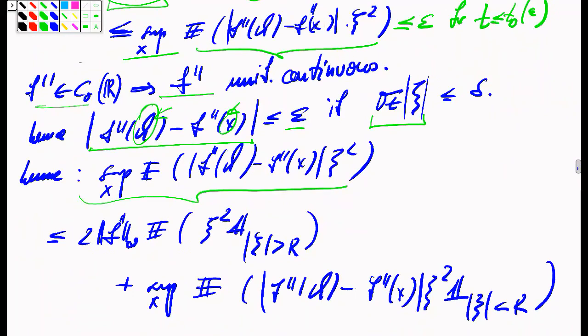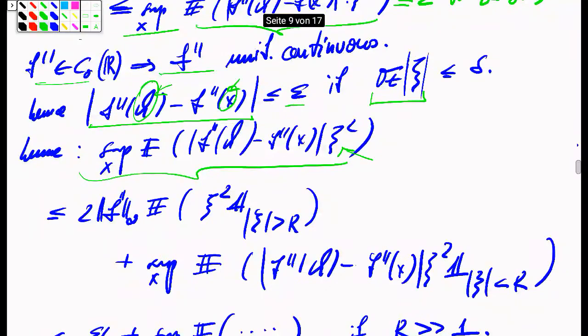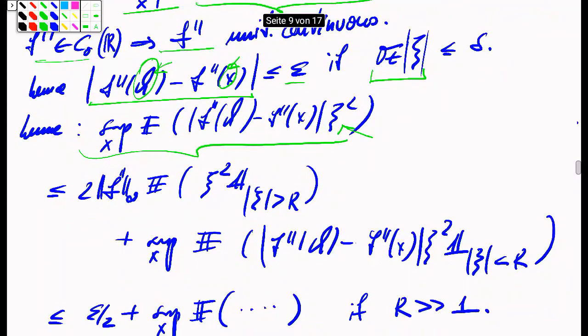And in order to use that uniform continuity inside this error term on the right hand side, I decompose this error term in order to have, on the one hand, uniform control on the size of this psi, of this perturbation value, and on the other hand, I try to find some other estimates which allow me to control the parts of the expectation when the psi variable assumes large values.